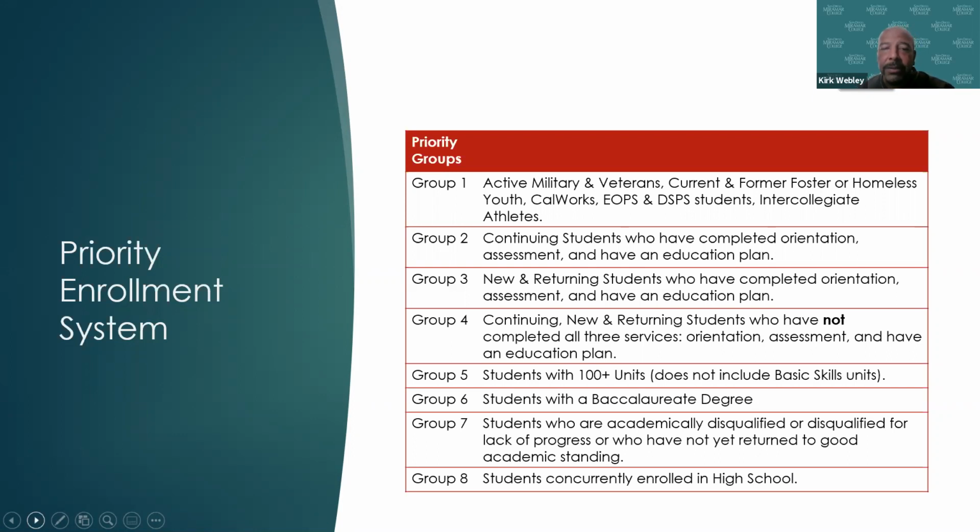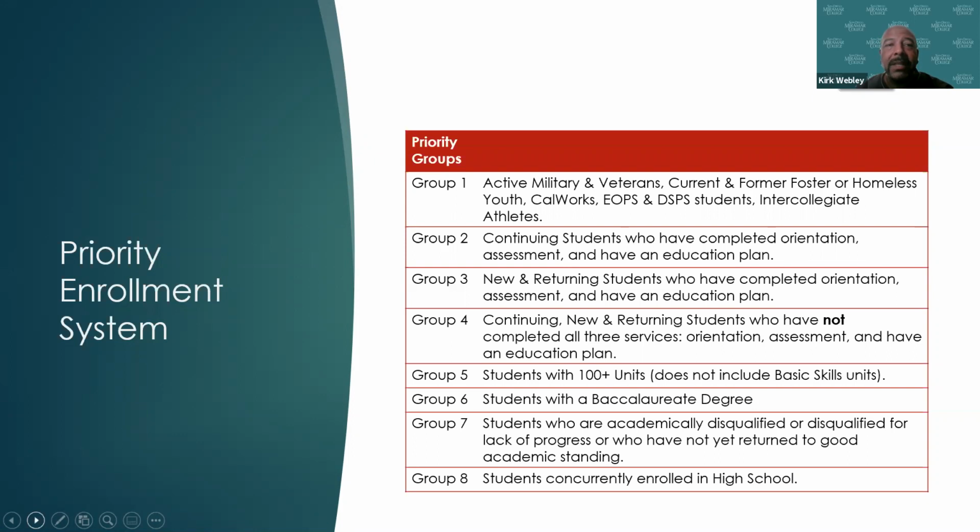Our group 3 students are new and returning students who have completed the same 3 components: orientation, assessment, and an educational plan on file. Group 4, again, are continuing students, new and returning students, who have not completed all 3 of those components.